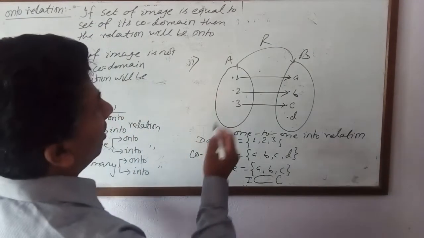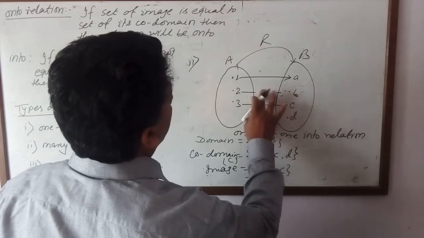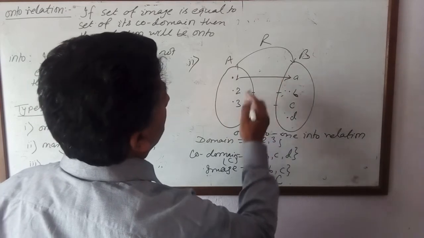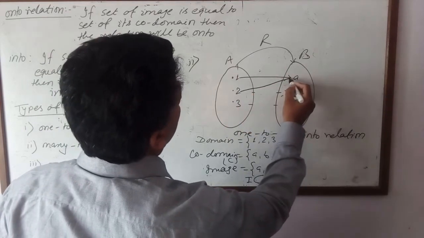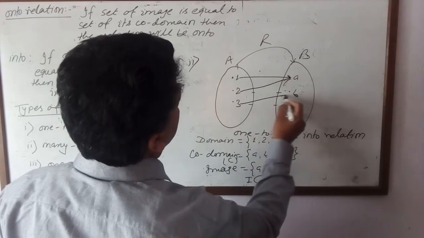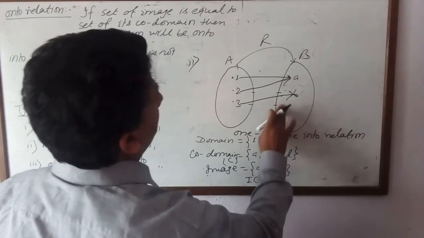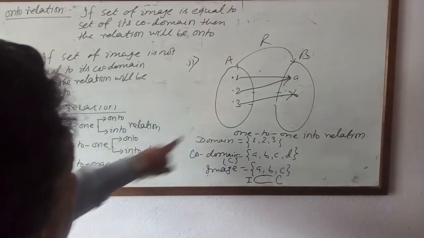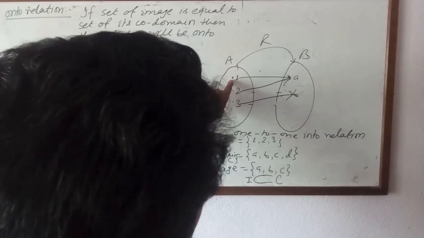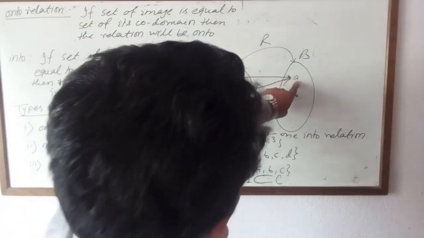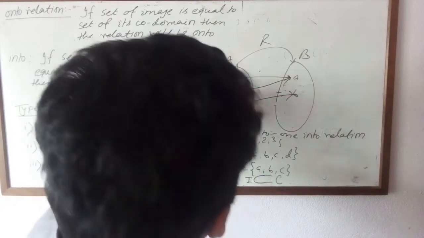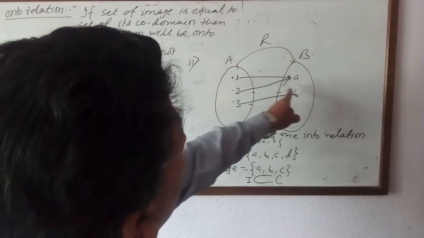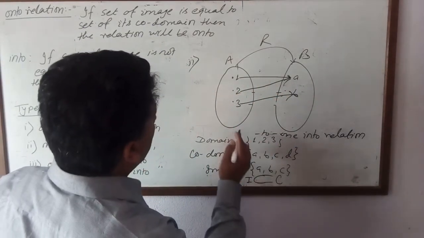I'll give an example. 1 has image A. Suppose 2 also has image A. 3 has image B. I have shown only these two elements, 1 and 2. 1 has image A, and 2 also has the same image A. It means many domains, same image. This one is many to one, an example of many to one.